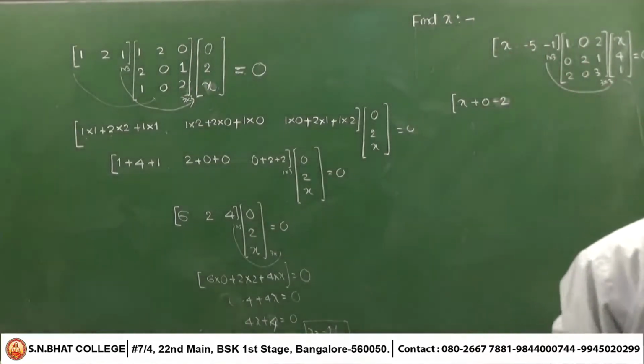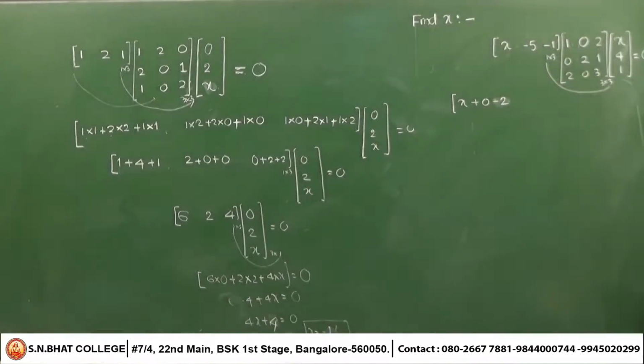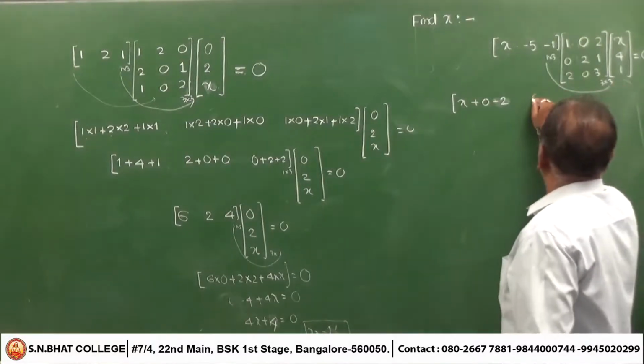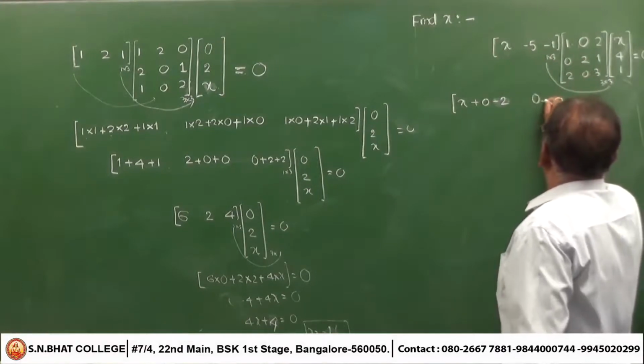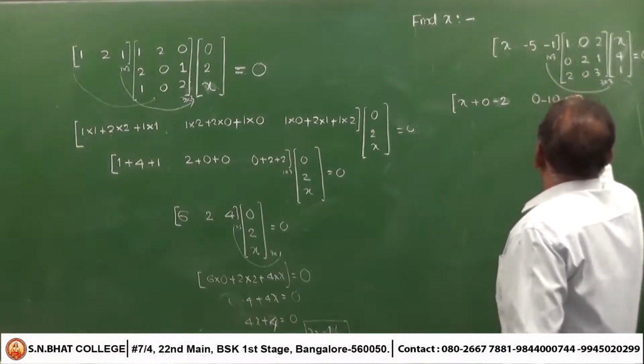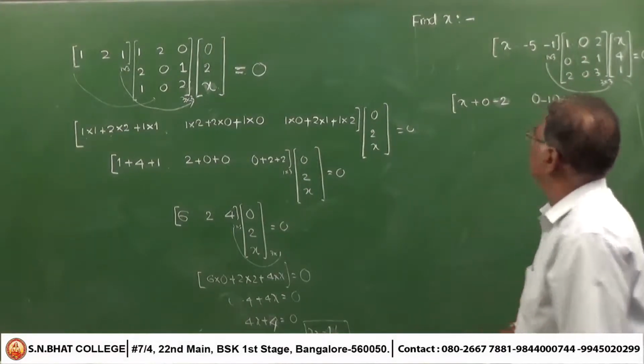First row, first column. Next, first row, second column. x into 0 is 0. Minus 5 into 2 is minus 10 plus 0.